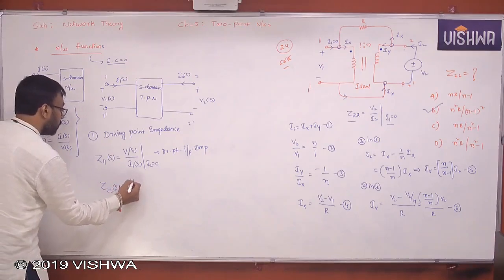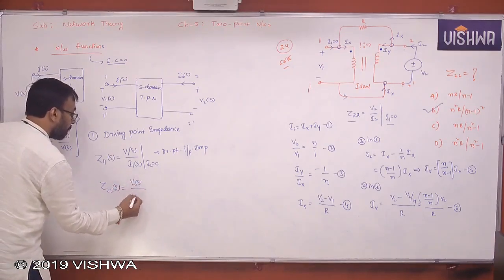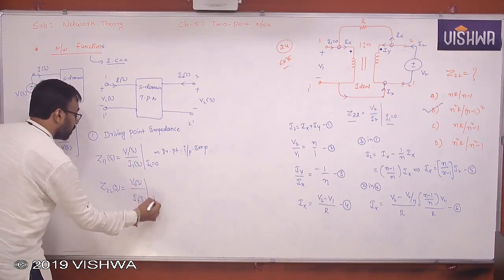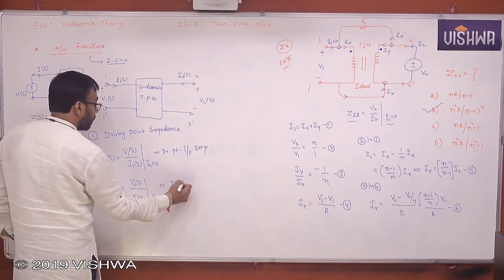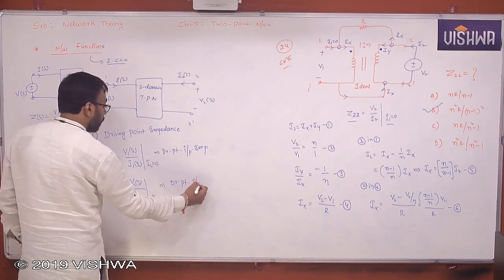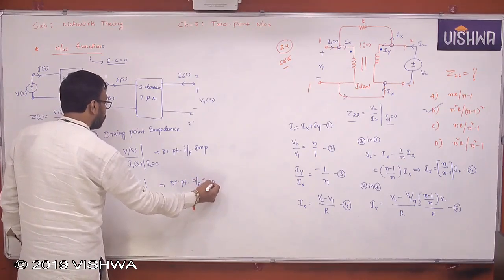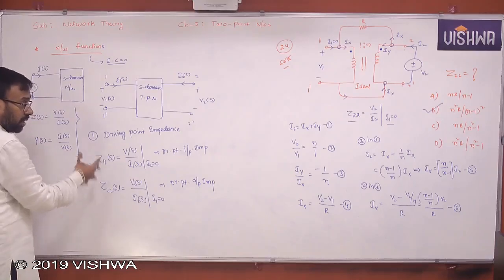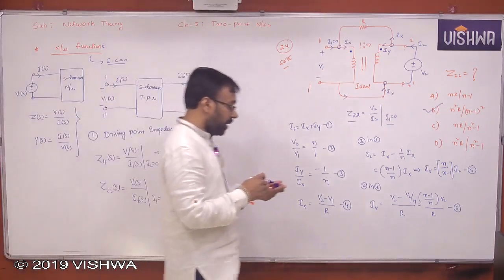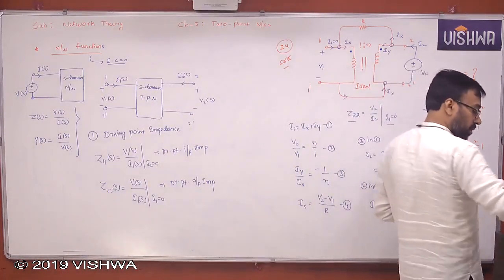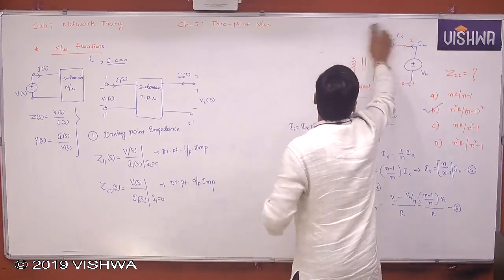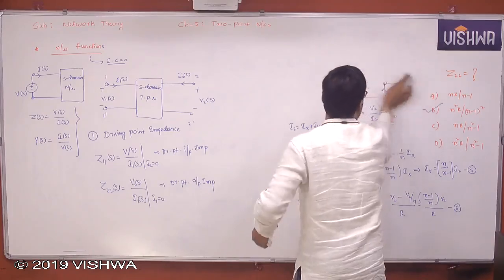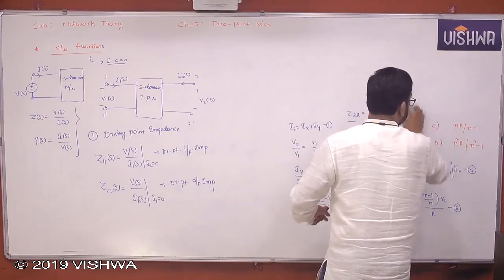Please note down, V2 of S by I2 of S when I1 is 0. Driving point output impedance, you call it. Okay, we have some names for network functions: driving point input impedance, driving point output impedance.